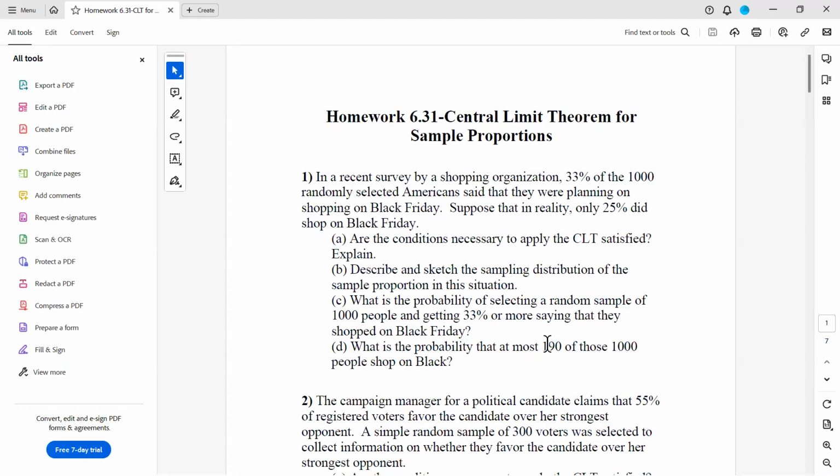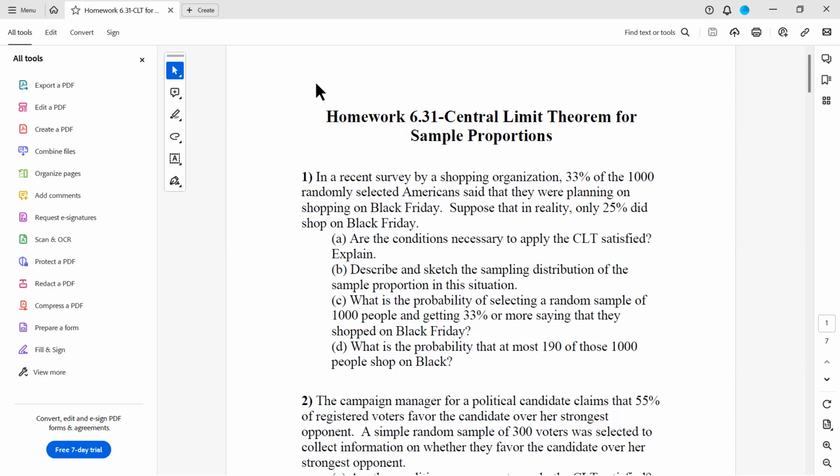If I get back to my problem, what is the probability that at most 190 of those 1,000 people shop on Black Friday? In this case, she didn't give you a percentage, did she? So you have to get a percentage first and then do what we did.